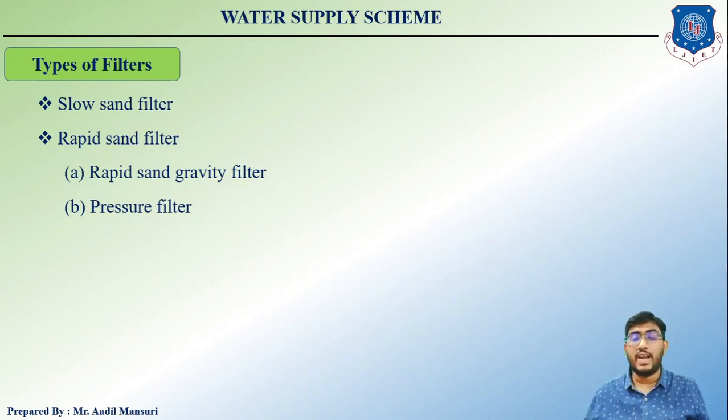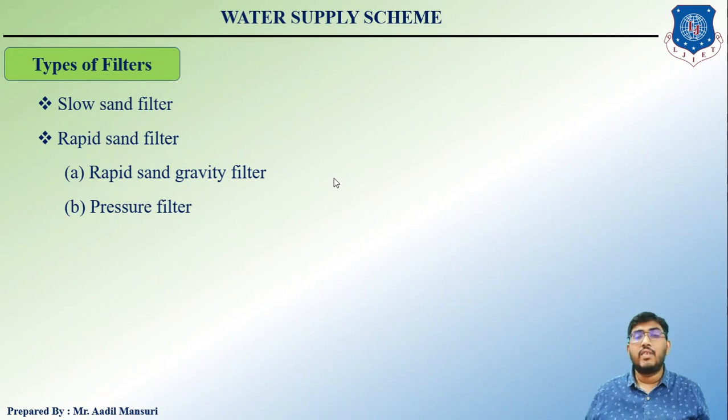The first one is the head required for filtration, right? That is the height required for filtration. Then the rate of filtration, that is how much quantity of filtered water is required per hour. Then the composition of filter media, as I said, the first layer will be of sand, then below it will be graded gravels, right? And with increasing depth, the size of gravel will go on increasing, right?